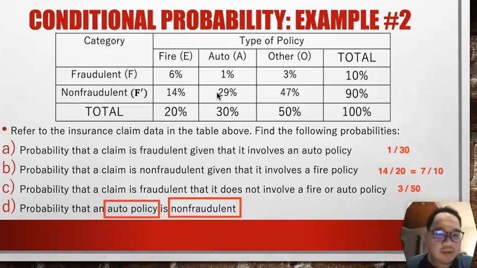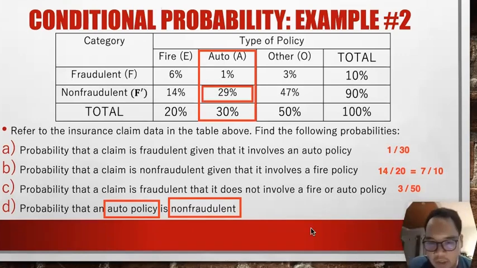So it's given that it is an auto policy, and we want to find the probability that it is non-fraudulent. So it's going to be 29 over 30, and that is our answer for letter D here. And that's it for this example number 2.